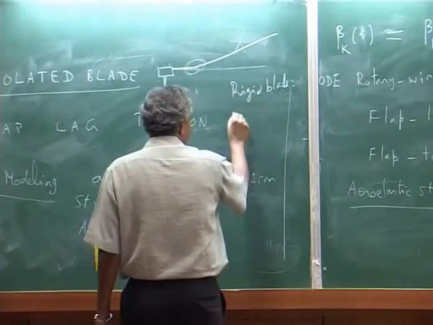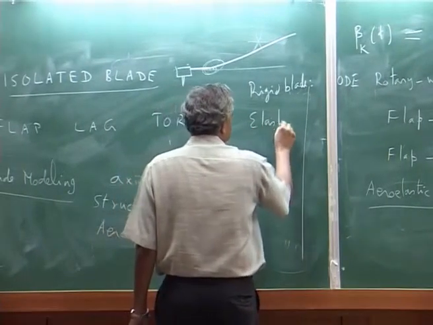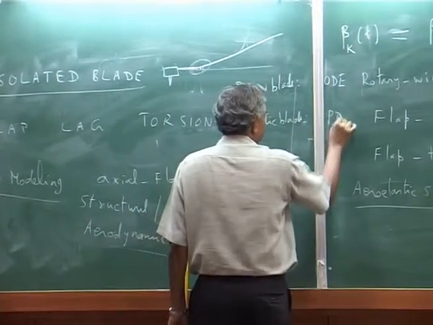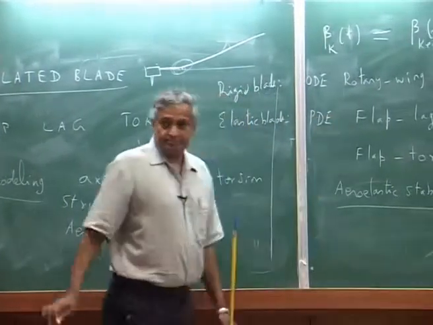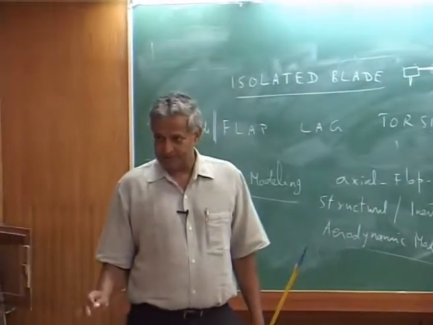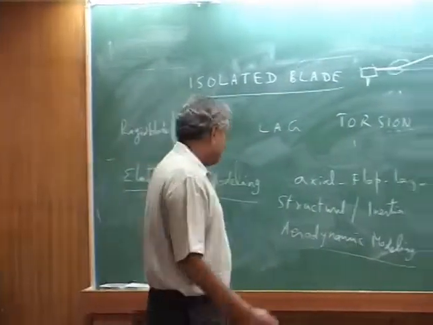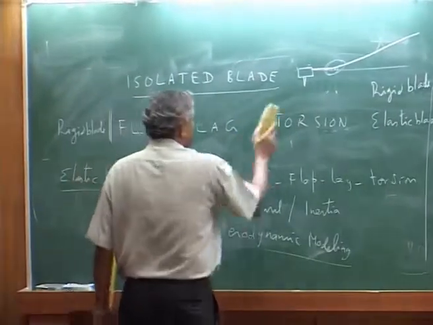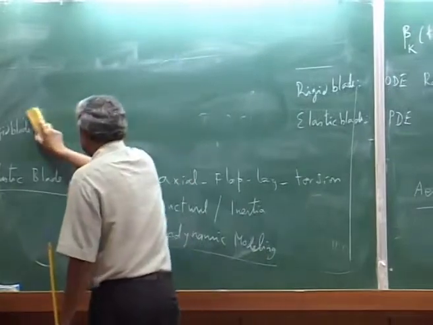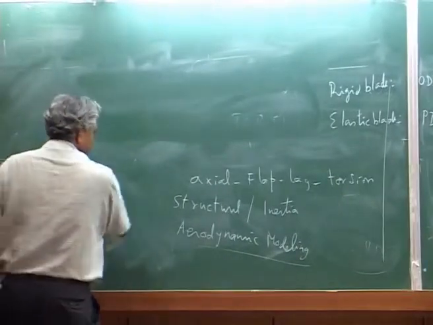I'll tell you one way. If it is an elastic blade, this is PDE. Okay. There will be partial differential equations for the elastic blade. Now, what are the various other additional characteristics?